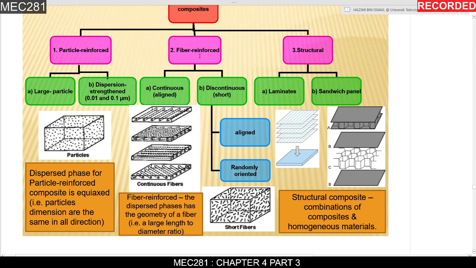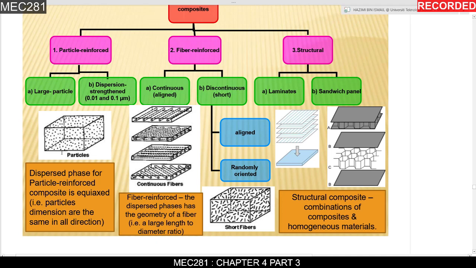And for the fiber reinforced, it has another category, continuous and discontinuous. Okay, and then for the structural also has 2 category, laminates and sandwich panel. Okay, awak tengok nilai lain. Berbeza dari segi method, berbeza dari segi material yang dia dapat nanti, properties yang dia dapat.